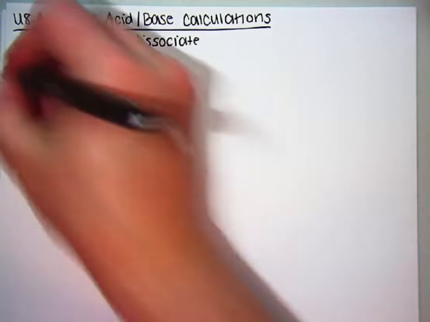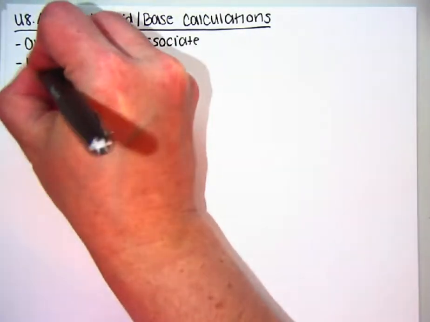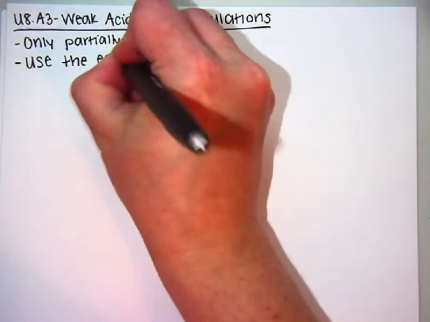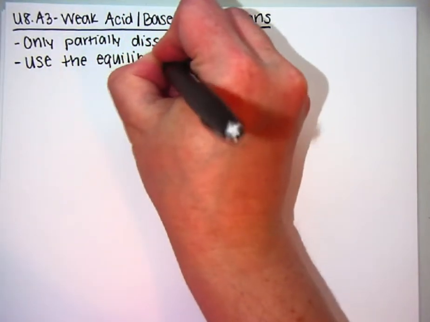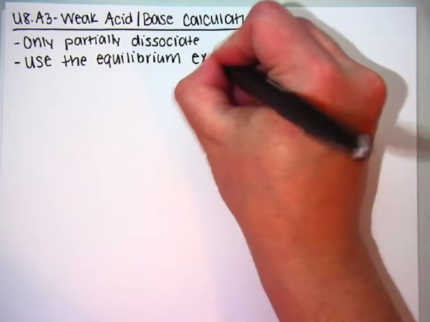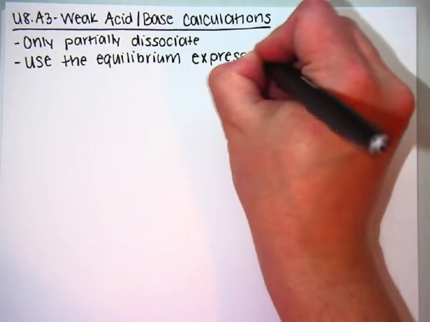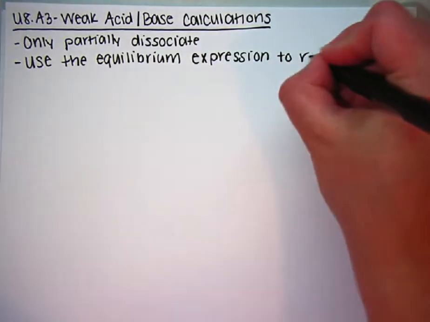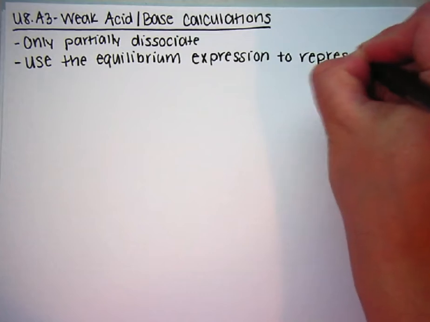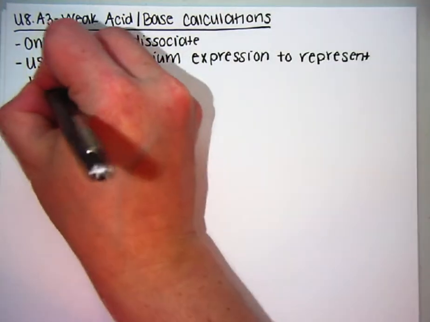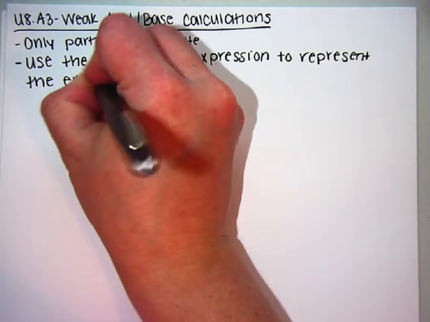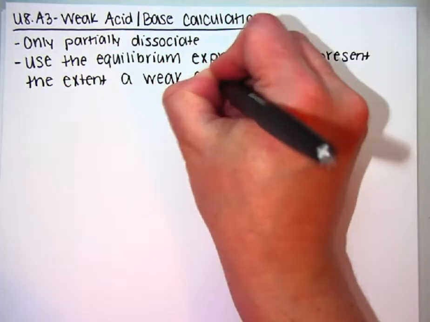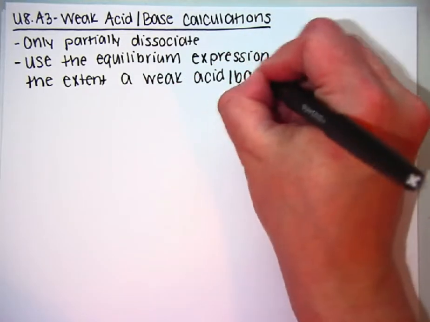So, what we are going to do is a RICE table. We are going to use the equilibrium expression, so Ka or Kb, and we can use that to represent the extent that a weak acid or base ionizes.